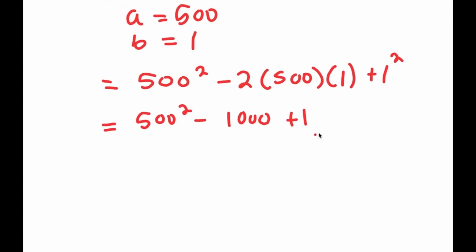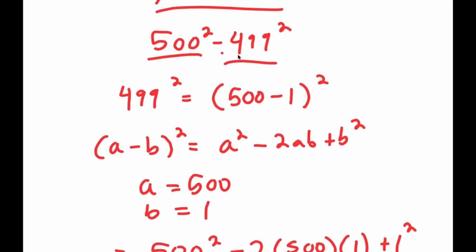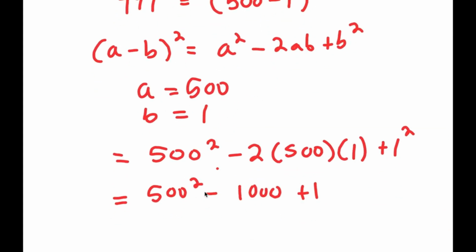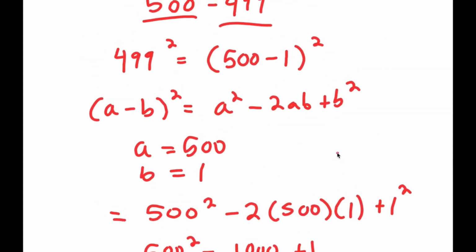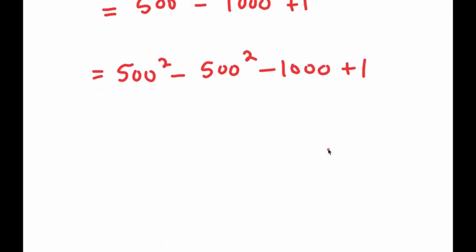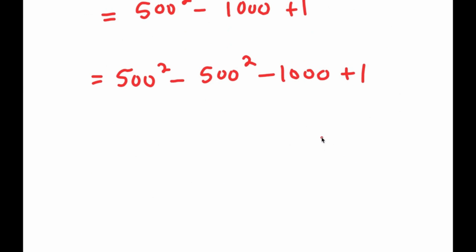And now we can go back and replace 499 squared with this. So we get 500 squared minus 500 squared minus 1000 plus 1. And this is all in parentheses, by the way.